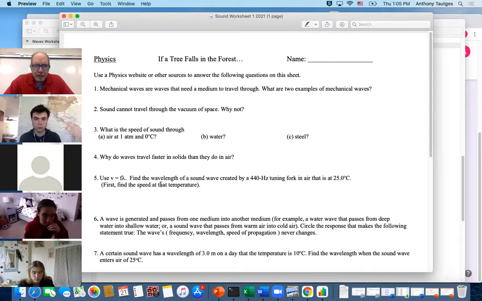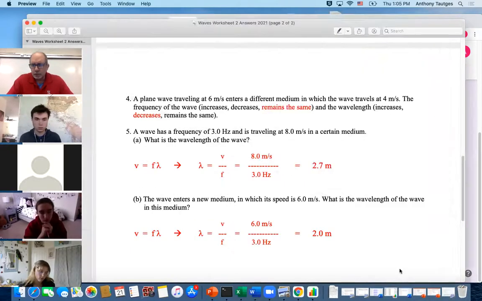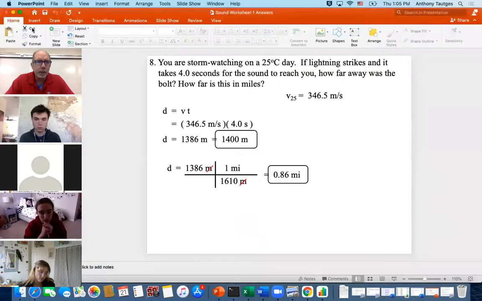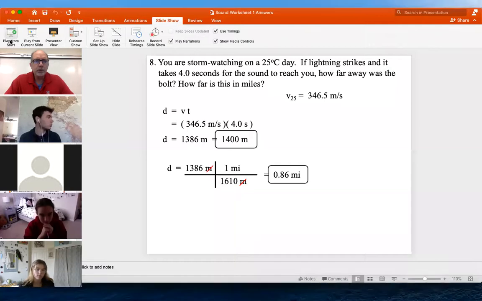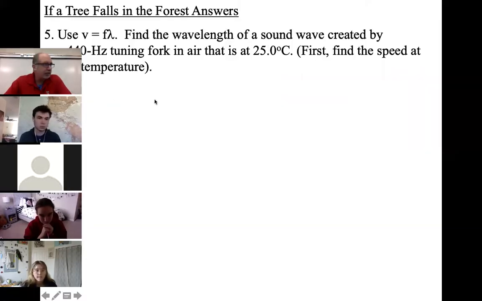Okay, number 5. Find the wavelength of the sound wave created by a 440 hertz fork in air that is at 25 degrees Celsius. First we have to find the speed at that temperature.